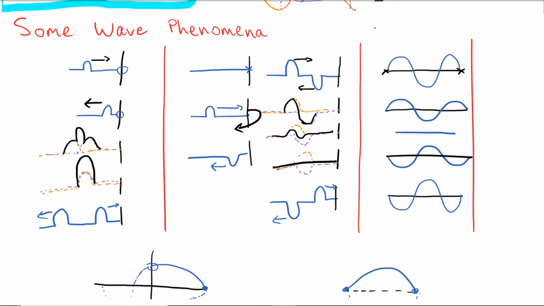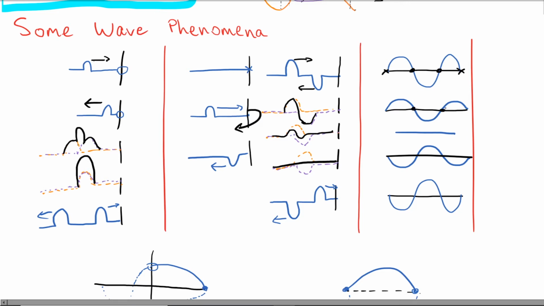And if I keep sending waves down the string in this manner at just the right frequency, I can create a really interesting phenomenon called a standing wave, where instead of appearing to travel, the wave actually looks like it's anchored by these points here that actually don't move.